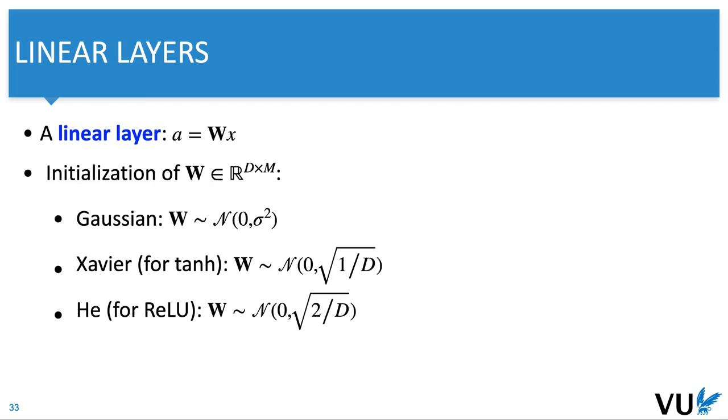For ReLU, they realized that it is better to take the square root of 2 divided by d. They provided some analysis of why this is better, and in real applications it matters quite a lot. Initializing your neural networks improperly could lead to worse results. Another initialization is, for instance, uniform between -1 and 1, or something like 0.01, so small values uniformly. It's also possible.